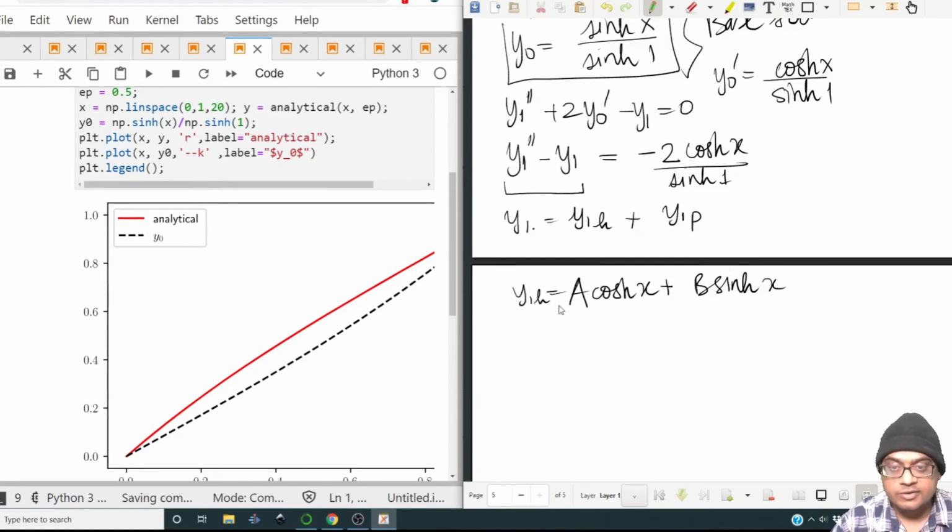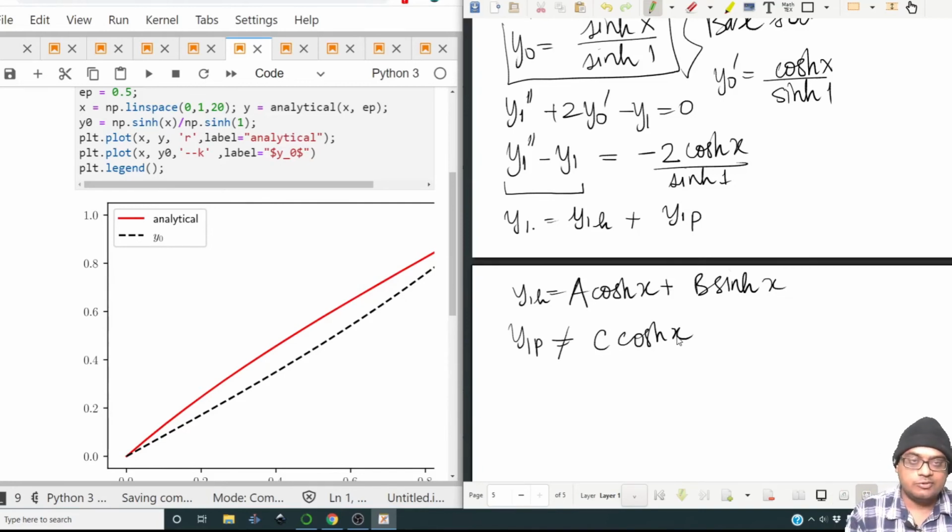So obviously the particular integral cannot have the form c cosh x, because cosh x is already the homogeneous part, so it cannot have the same form. But it can have a different form, and you can use various techniques that you have learned in a differential equations course. It is of this particular form because the inhomogeneous part has the same form as the homogeneous solution.